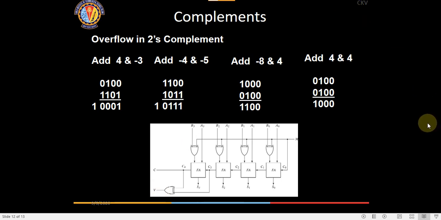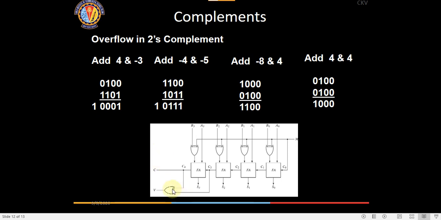Are there any questions? So, overflow in 2's complement addition occurs when carry is generated or when the allowed range for the number is exceeded. Again, I'm repeating that. See, take 4 and minus 3. You add, and there is a carry generated here. It doesn't mean it is an invalid number. You just neglect it.